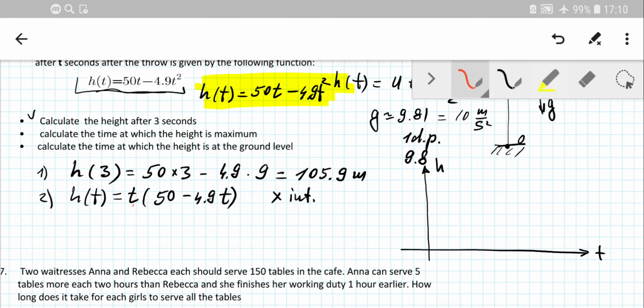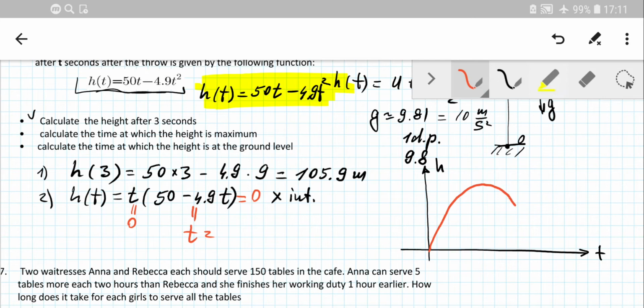The first is t equals 0, and for the second one you equate the second bracket to 0, because we're looking for the x-intercept, and hence the height is 0. However, this is a long way. I just want to show you how the parabola looks, and that the branches go down.